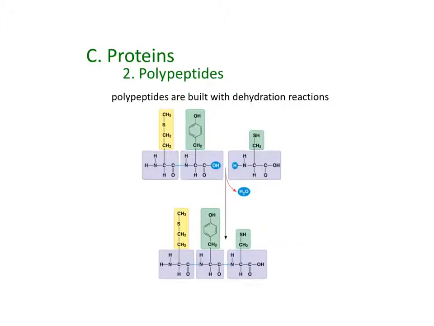And similar to carbohydrates, polypeptides are synthesized through dehydration synthesis, in which you basically have the hydroxyl group and a proton get released and a new bond formed down here, which is called a peptide bond.